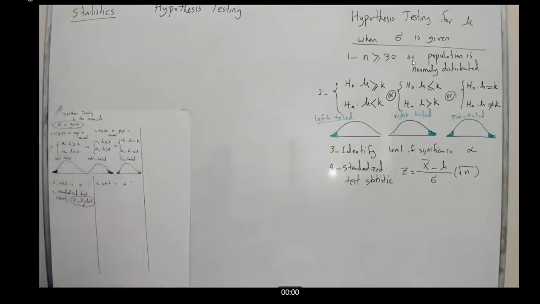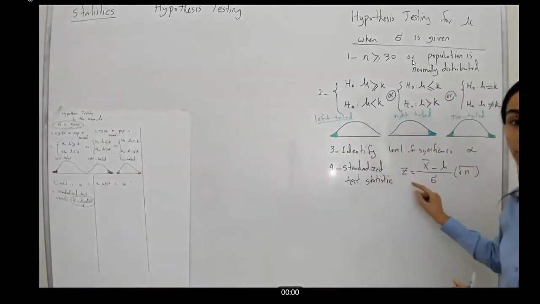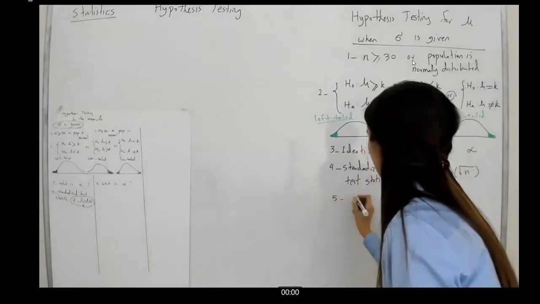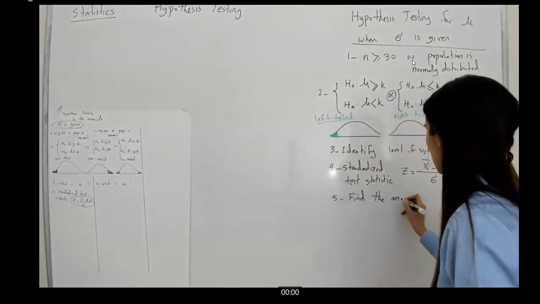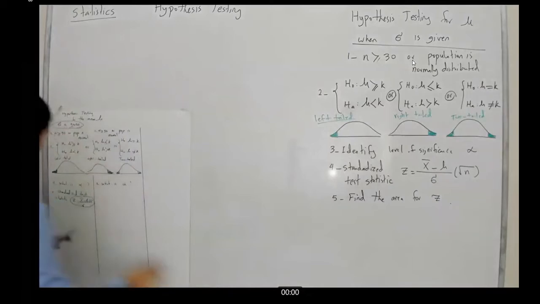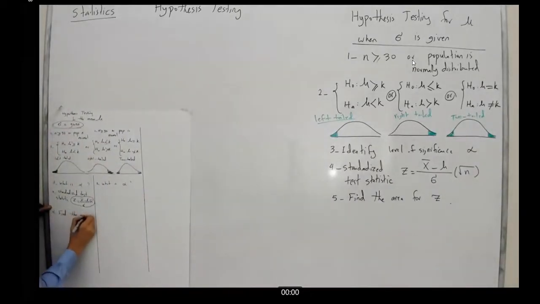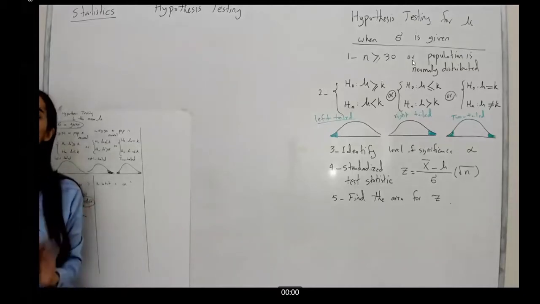Next step. Find the area. Very good. Find the area for our Z. So step 5, you are either using your Z table or using your calculator.